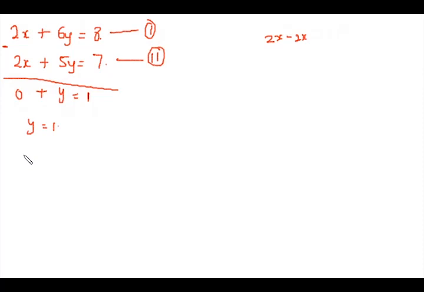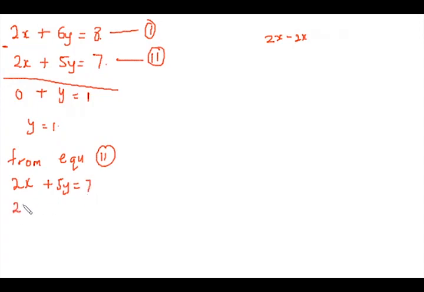I'll just pick any of the other equations and use that value of y to substitute into it. So from equation 2, you have 2x plus 5y equals 7.